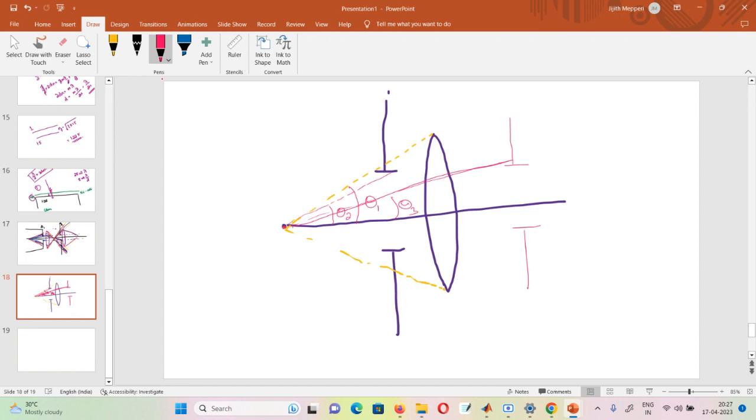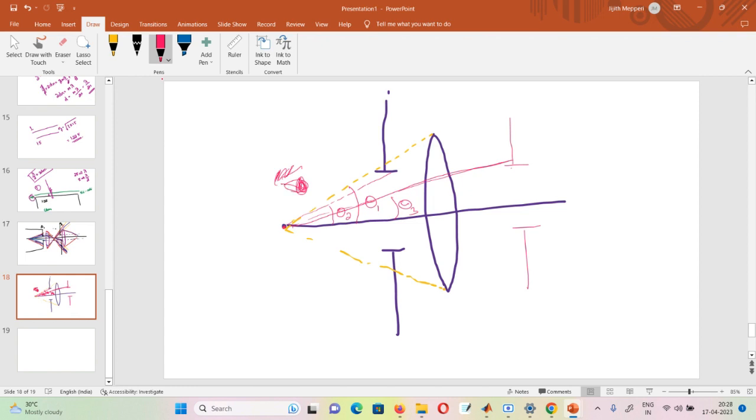So now you have to think how it will look if you look from this side. We have to see how much we are seeing of this aperture stop.